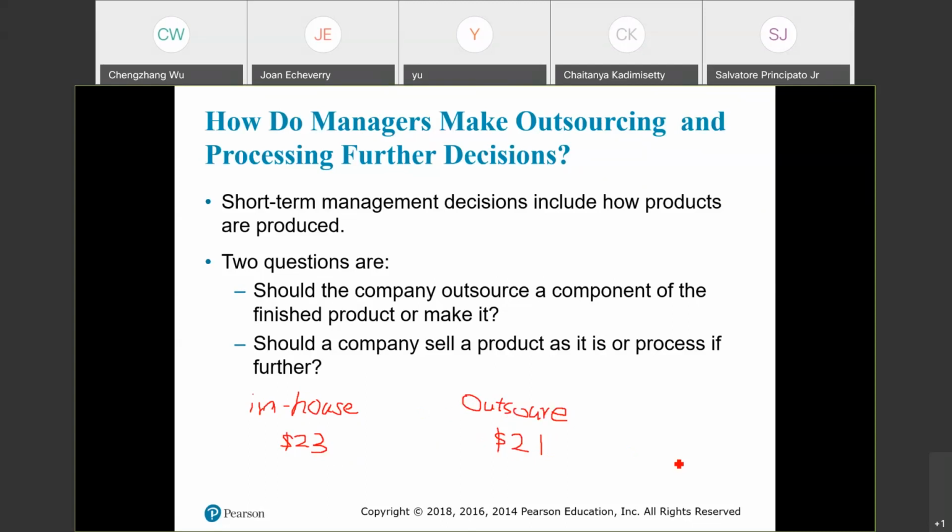So initially, it seems that the company should outsource the casing. Well, but the correct answer is not so simple because manufacturing cost per unit contains both fixed and variable components.